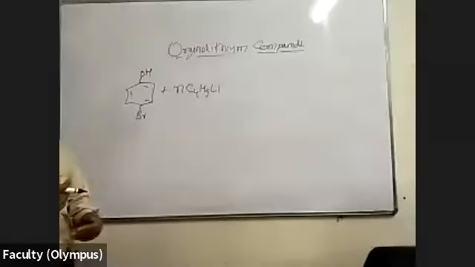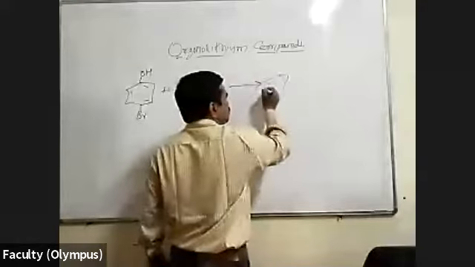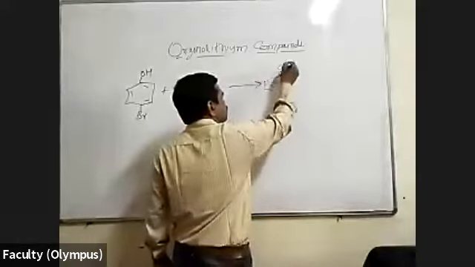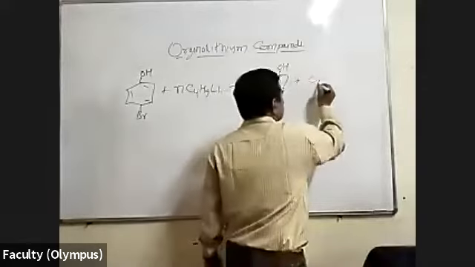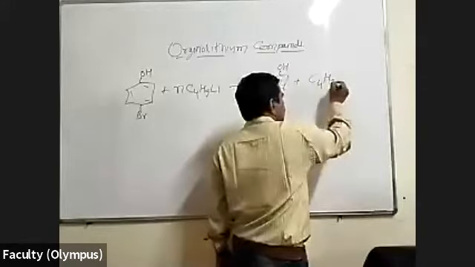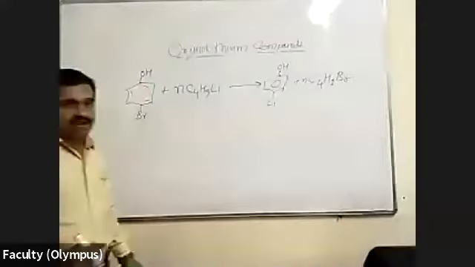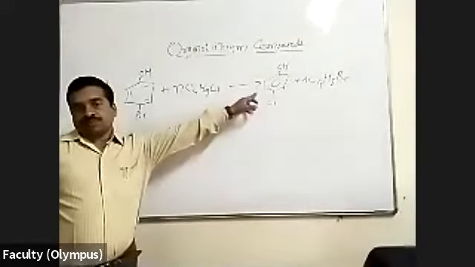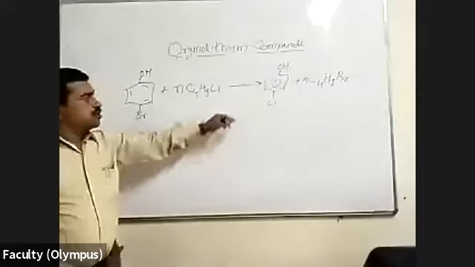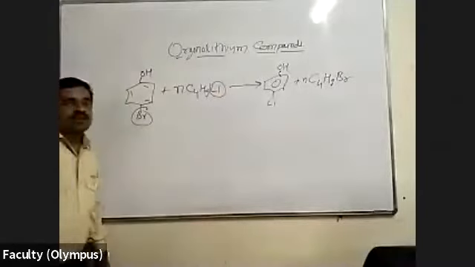So in this reaction, what happens? The metal is exchanged, and we get the OH compound with this Li, plus C4H9Br. We get n-butyl bromide and this lithium phenyl. So in this way, the bromine gets replaced by Li, exchanged by Li.